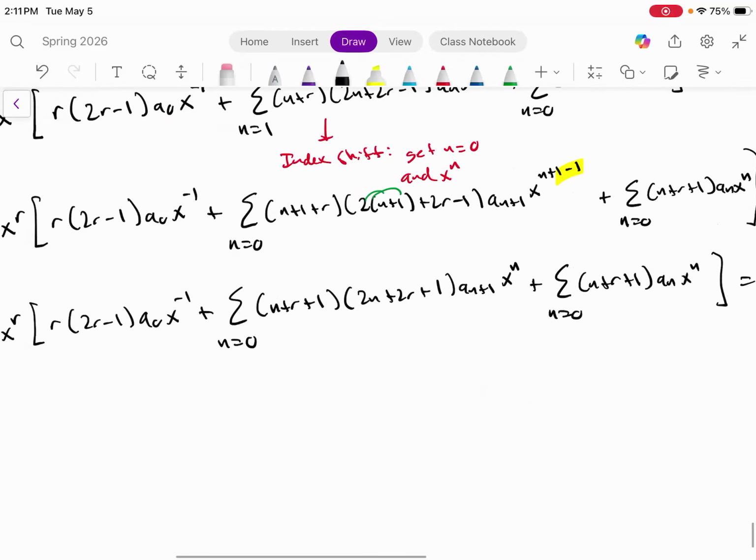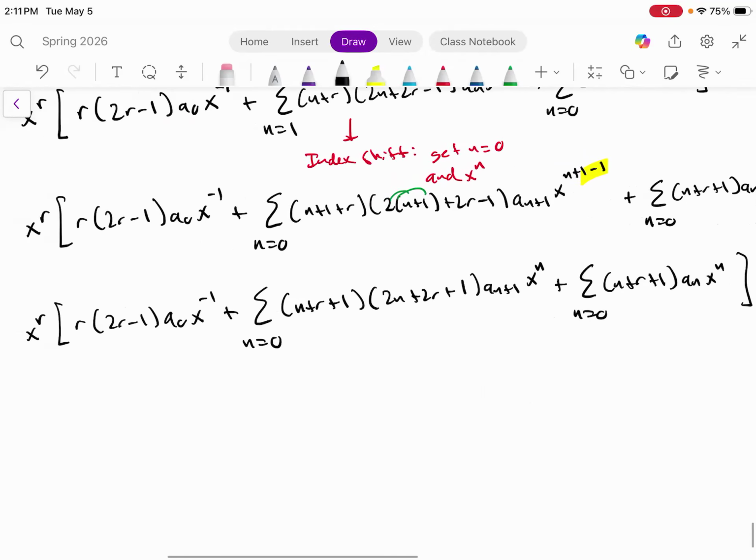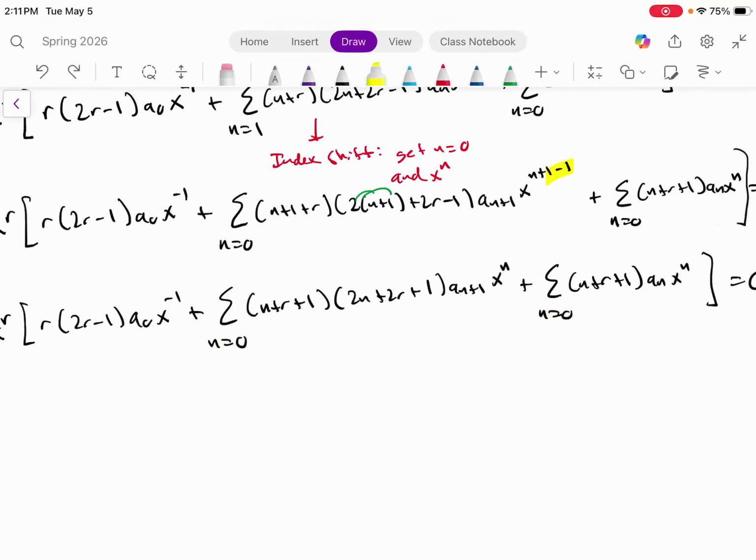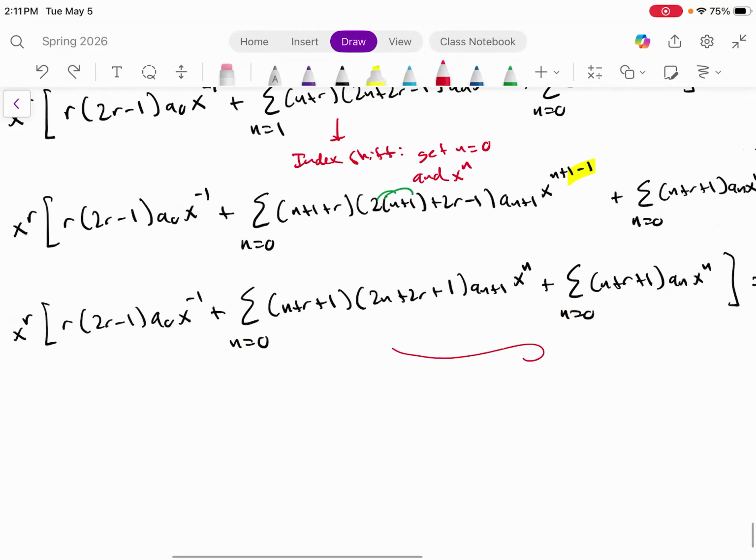Okay, great. So we are almost there. Notice how our two power series both are x to the n and start out at n equals 0. So what we could do now is combine these two power series, and we're going to take an extra step. We're going to factor out an x to the n. Just do it all in one.